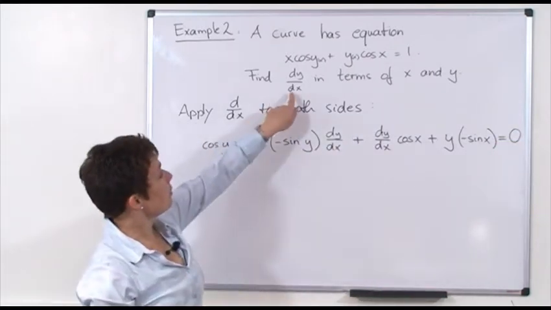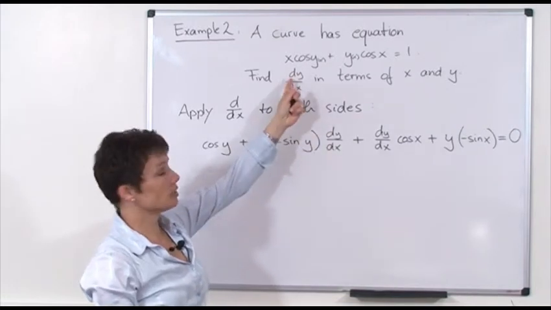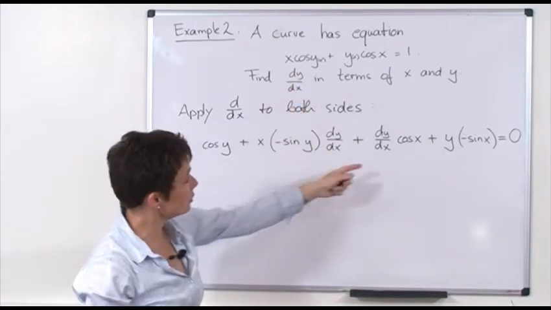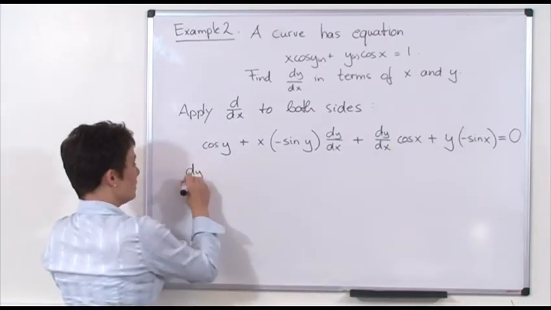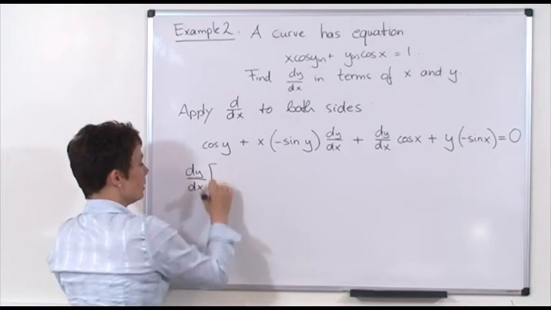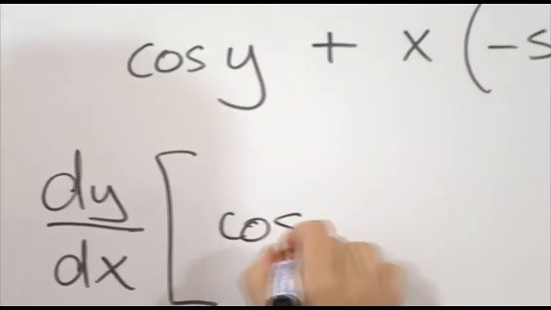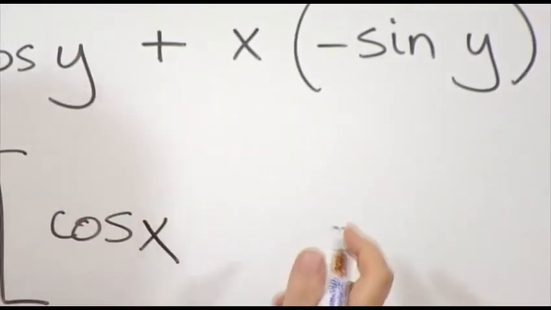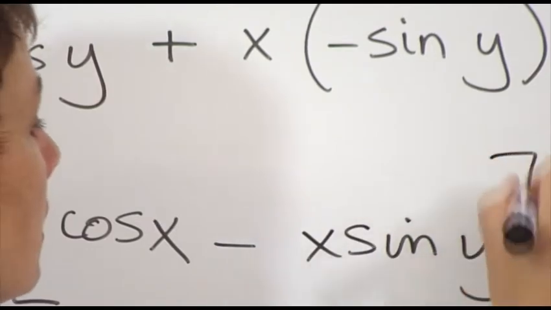So in this example, we want to solve this equation for dy by dx. So we collect all the terms which have the dy by dx in it and factor it out. So we'll have here cos x, and here we have a minus x sine y.